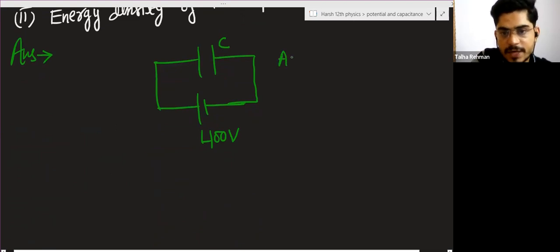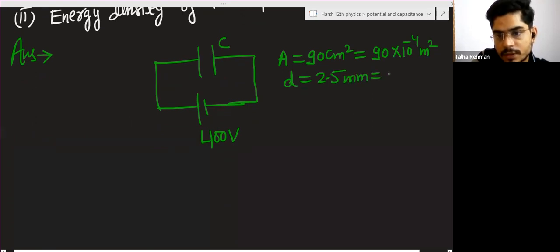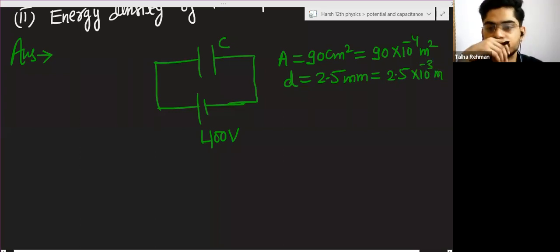Area is given as 90 centimeter square, and I will convert this into meter square. And d is given as 2.5 mm, this will become 2.5 into 10 to the power minus 3 meter.